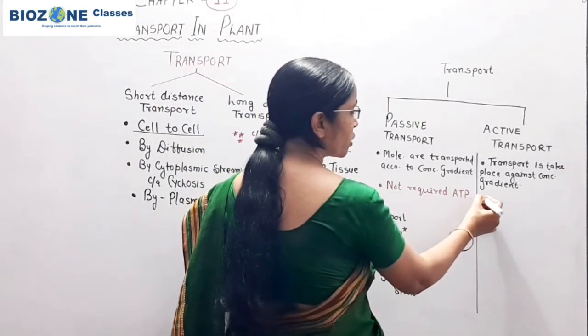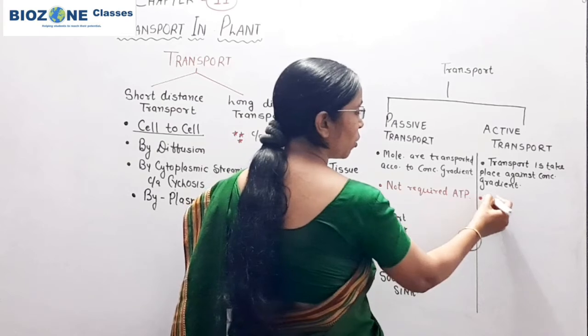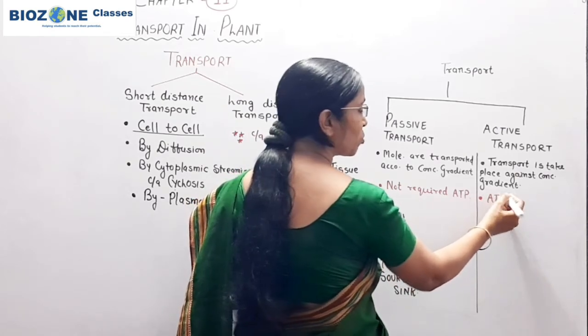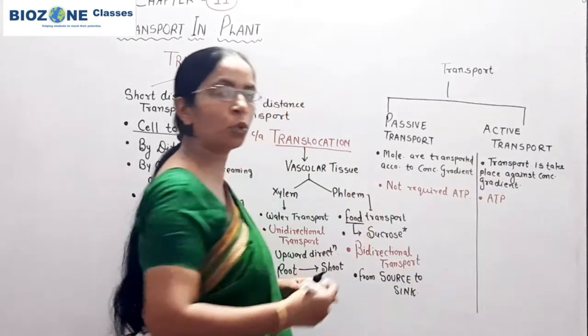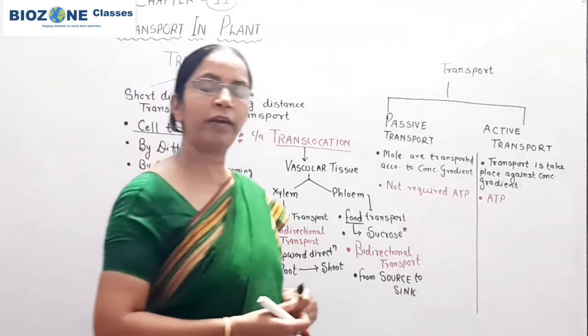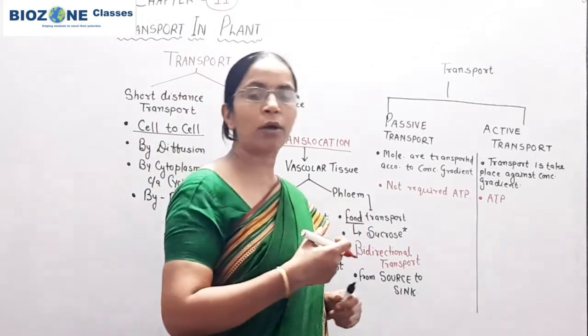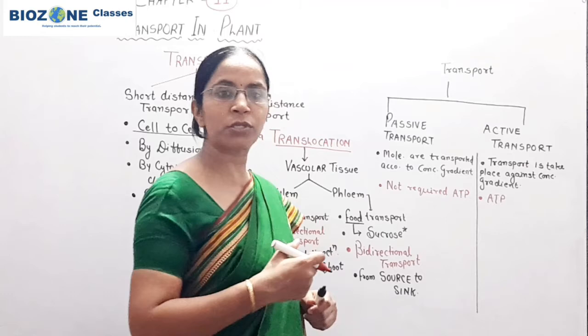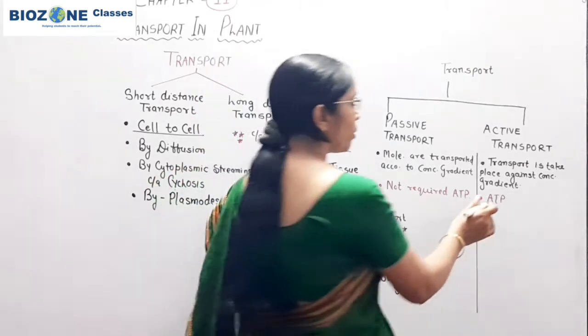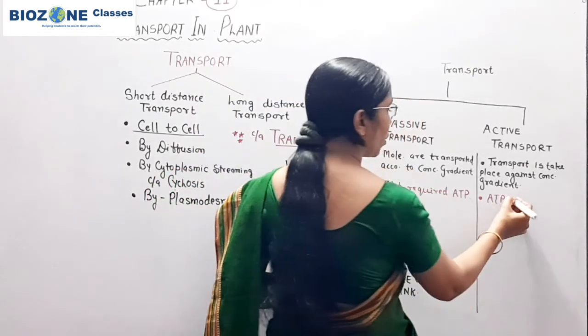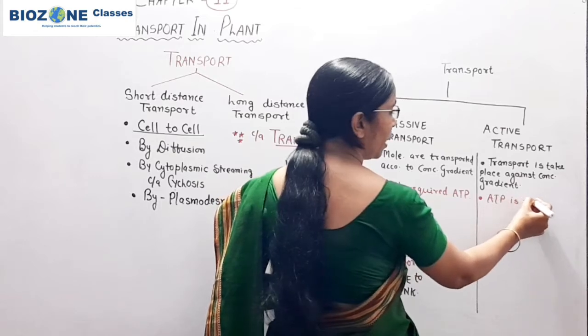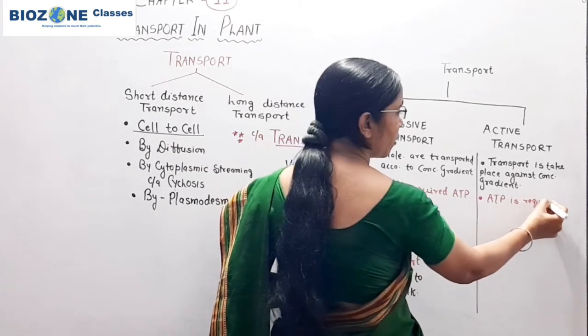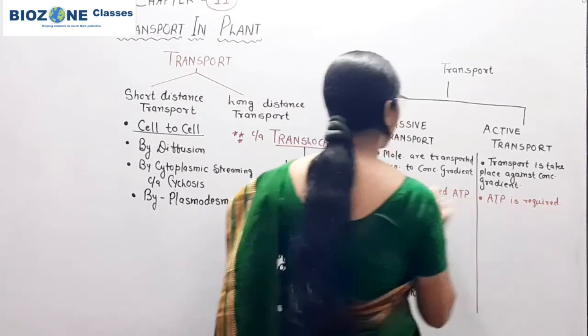Whereas in active transport, the main feature is that molecules of the solute or solvent are forcefully absorbed or transported from lower concentration, that's why metabolic energy or ATP is required. This part you remember.